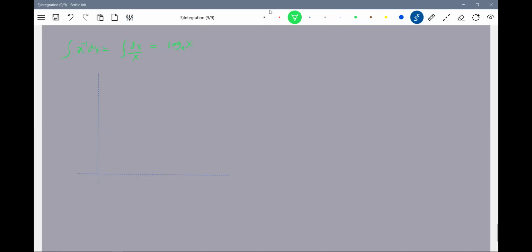What does that function look like? So y equal to 1 by x. What is y equal to 1 by x? It's a curve, a rectangular hyperbola.